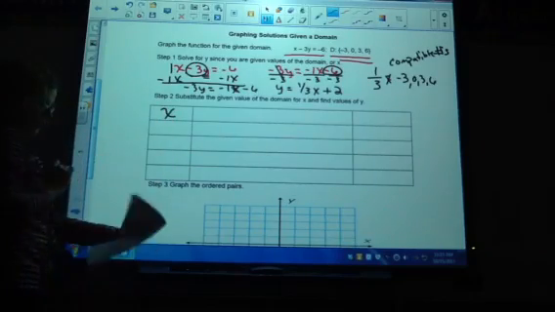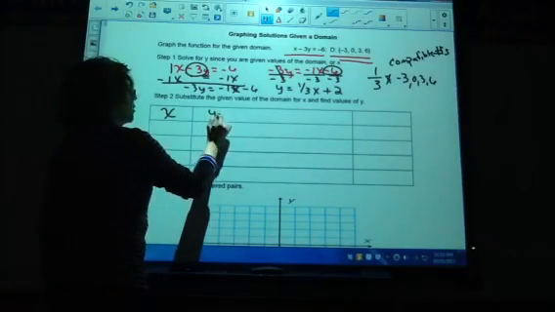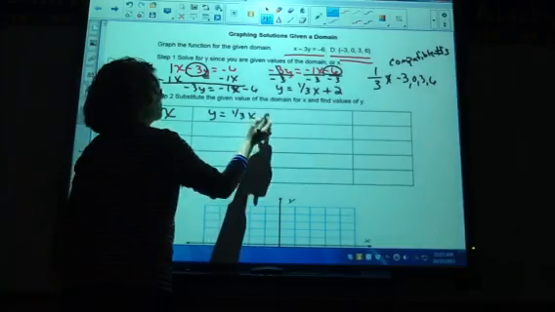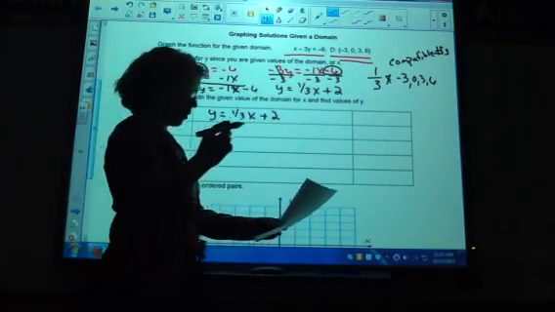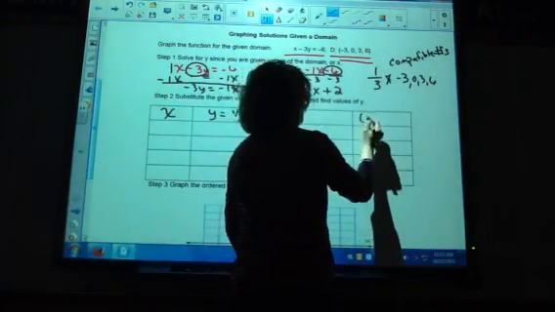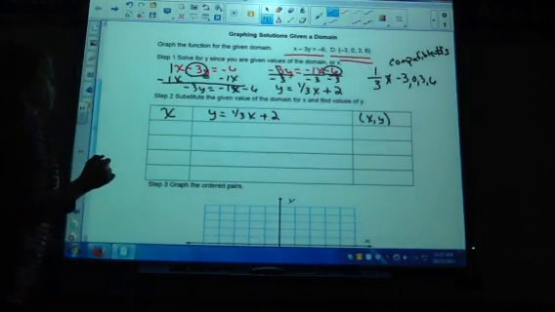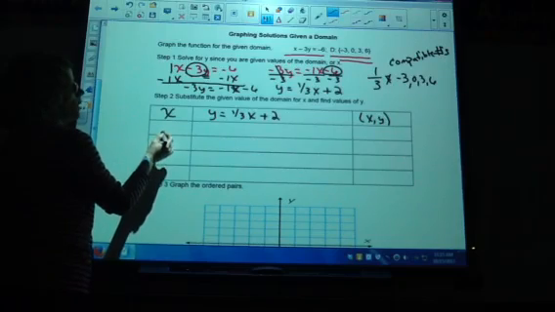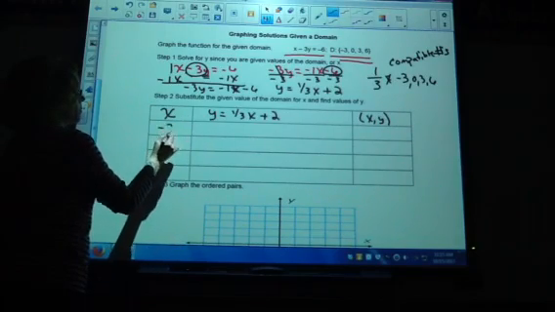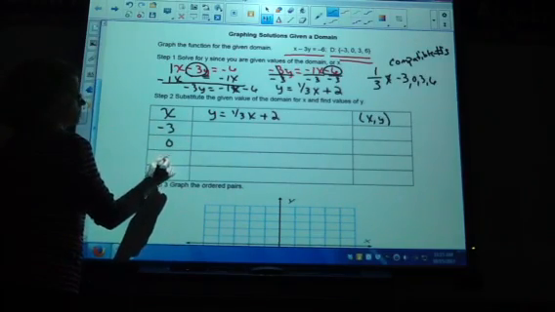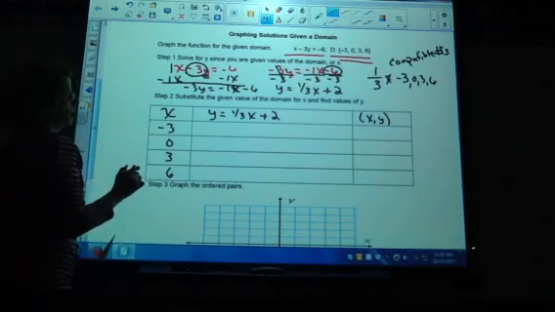Okay, so here's our input. Here's our function. And then we're going to get our ordered pairs so that we can graph this, which is what we're trying to do. So for our domain, our input, we're going to input these values. Okay?